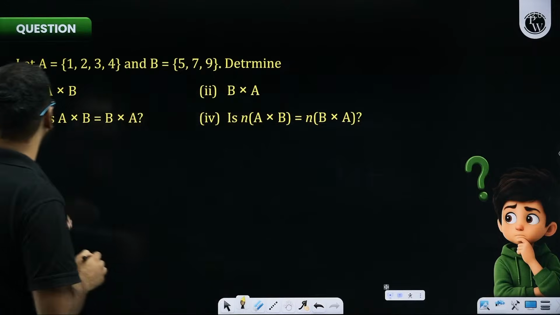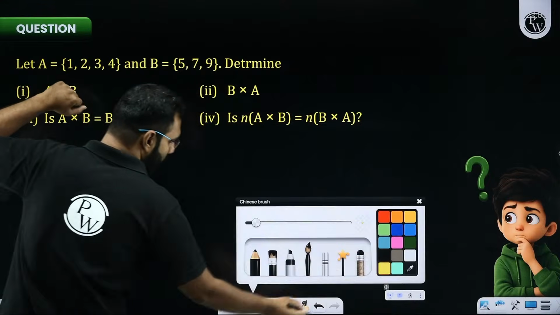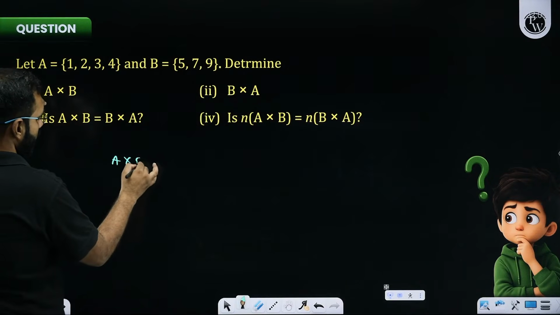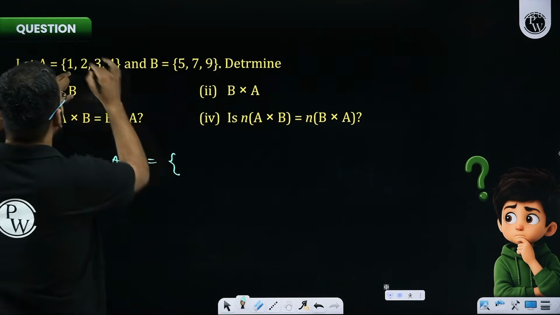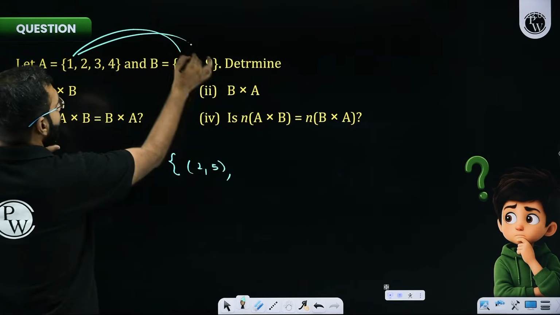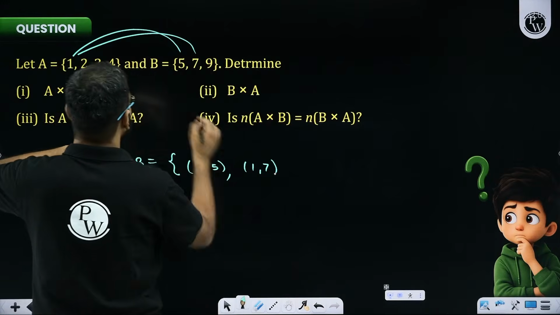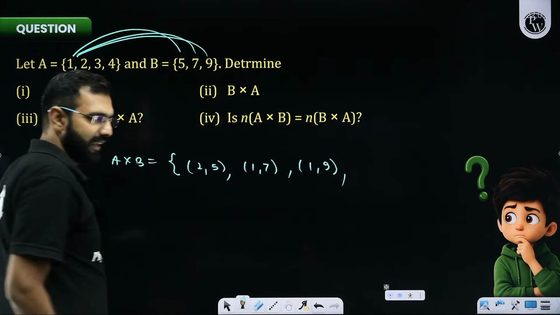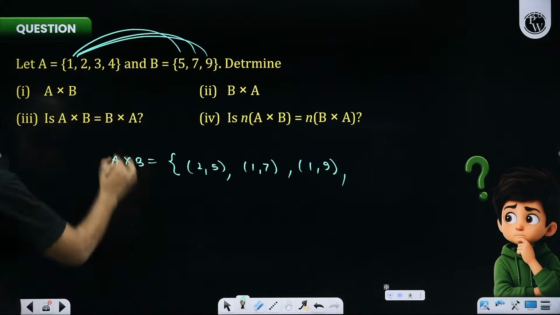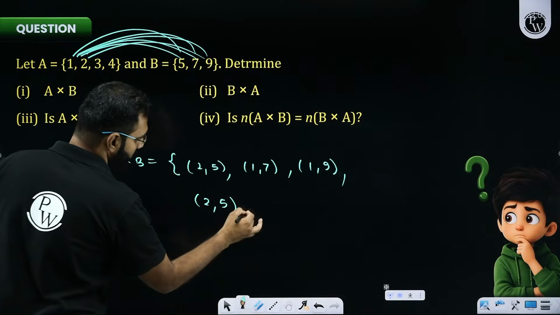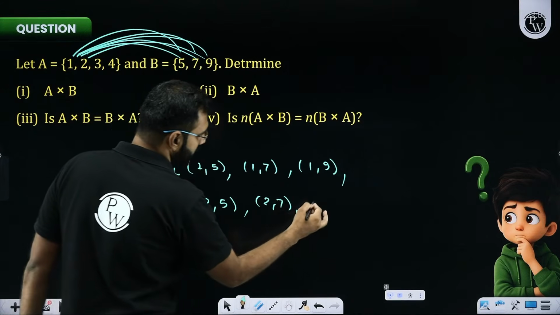So coming back to this discussion, A cross B, I hope you already know how to find it out. If I wish to write A cross B, how will you write it? A cross B is going to be 1 with 5, first ordered pair. Then 1 with 7, second ordered pair. Then 1 with 9. I hope you got the pattern. Then 2 with 5, 7 and 9: 2 comma 5, 2 comma 7 and 2 comma 9.